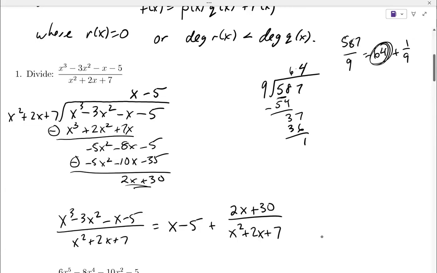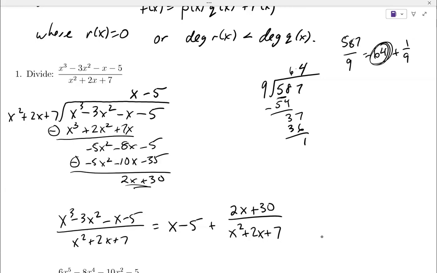So it's quotient plus remainder divided by what we divided by. Okay. And it's like that up in the upper right-hand corner. That x minus 5 is like the 64. And this part is like the 1/9.